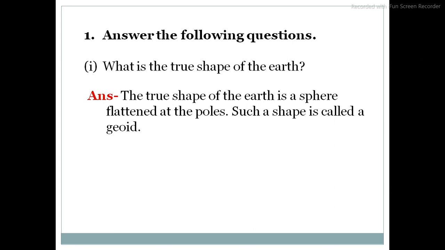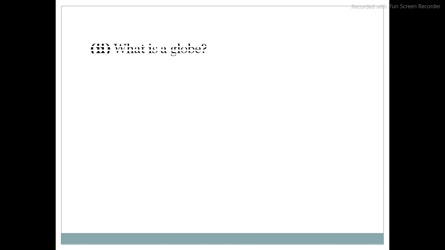Very good. Few cadets are responding. Very impressive. Now moving toward question number 2, which I place for you as homework also. What is a globe? Shivam Rajput, very good to you also.